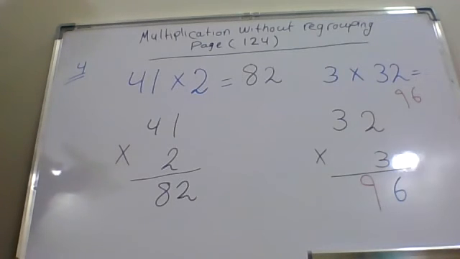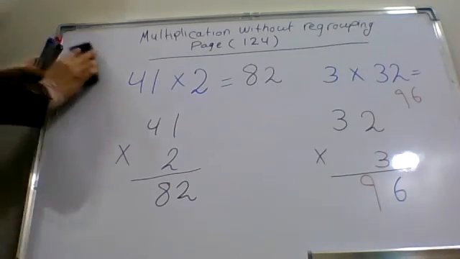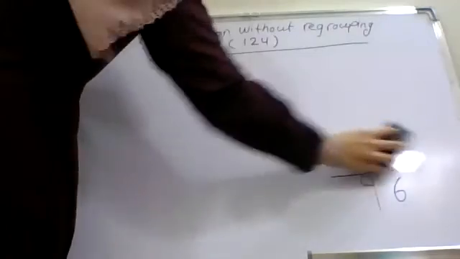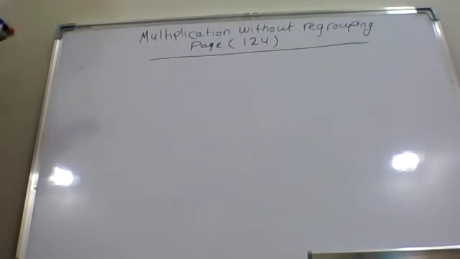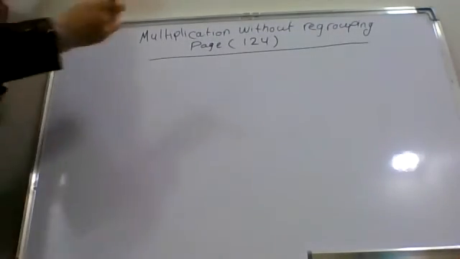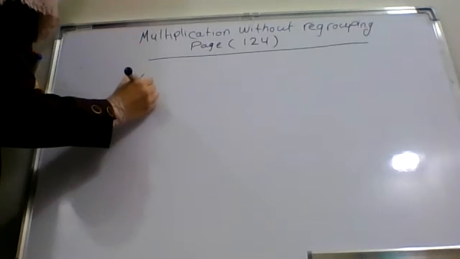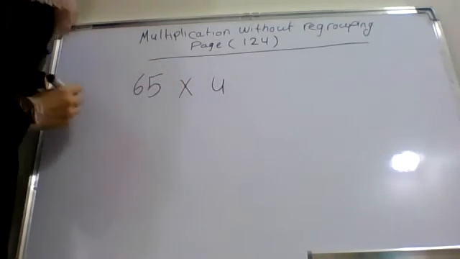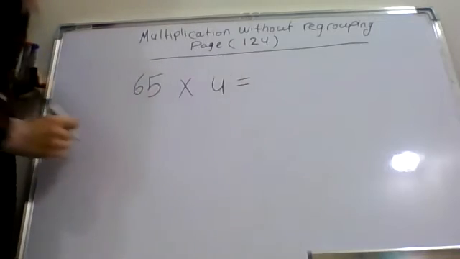I will give you another exercise for the last time. It's our last exercise for today. I will write it down. I will follow the same rules, the same steps, so we can answer the questions for our homework, okay? The first one: if I want to multiply 65 times 4, okay, 65 times 4.